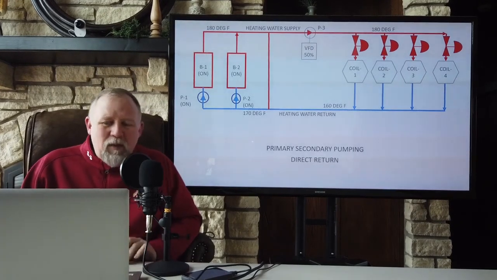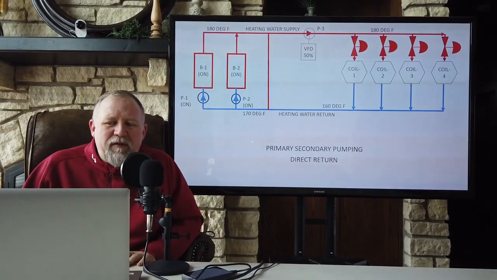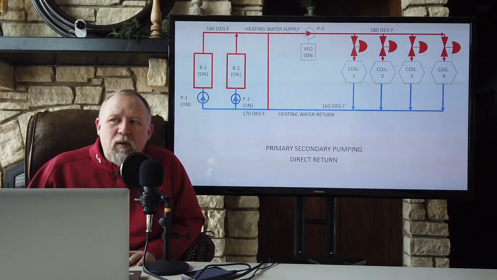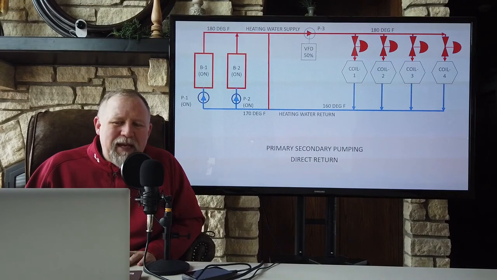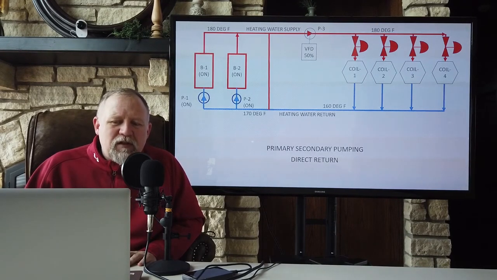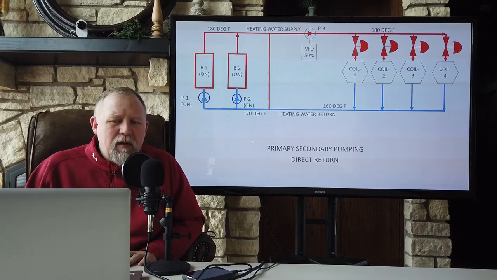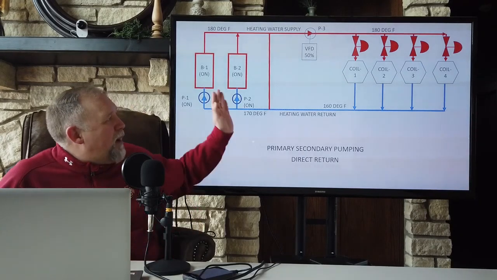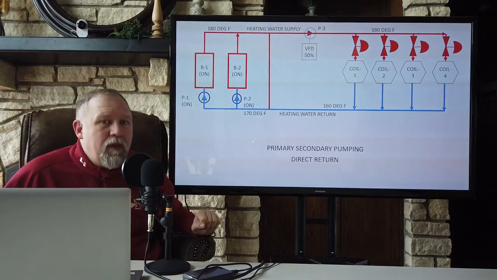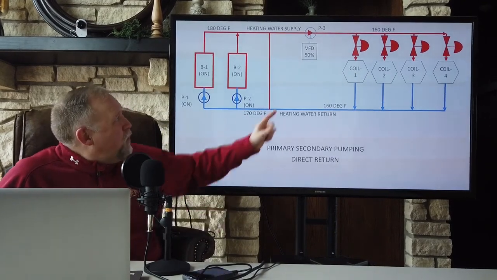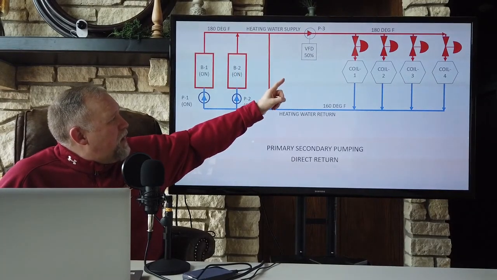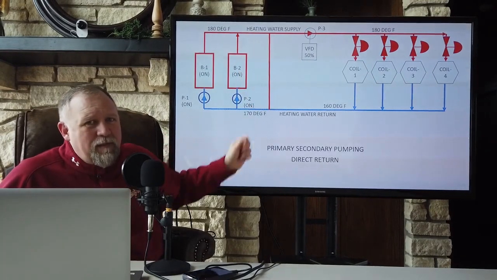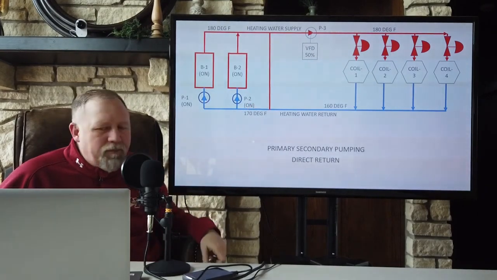Remember, what did we say about the relationship a VFD has between flow and power consumed? Half speed is half flow, but half speed is also 1/8 of the power. Most of the time, a primary secondary pumping system will allow us to pump at some reduced pumping load and save a tremendous amount of energy on the larger motor.